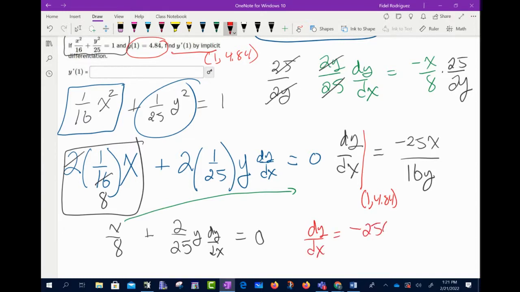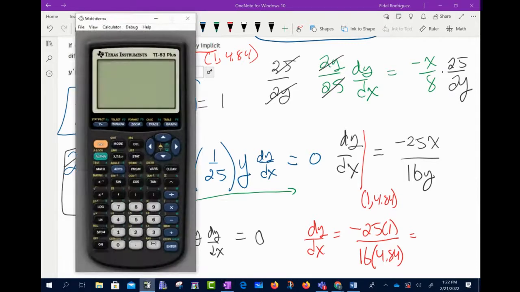Let's see, negative 25 times 1 over 16 times, what do we say, 4.84? Because didn't it tell me that right here? But y at what value? 1, right? That's my x value on the inside, right? Because my functions are y as a function of x, right? So when x is 1, y is 4.84, right?